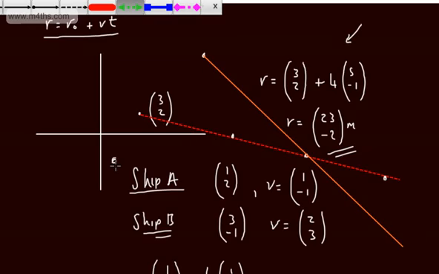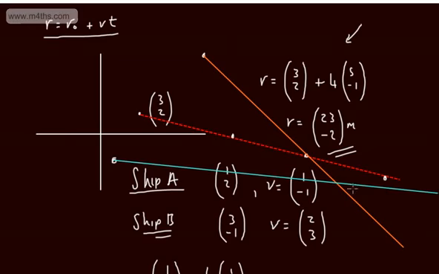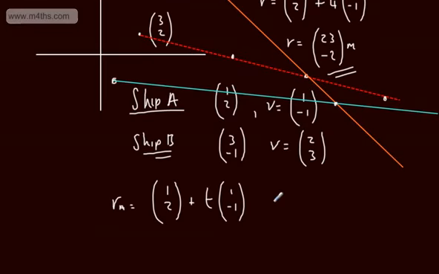Remember, these ships are going to be moving, so it might be a case of where they were to intersect, they've actually moved past that. But later on we will look and see if we've got any values of t that will give us the same position. So just saying this one now, this is now the position of B, we'll just write this 3 minus 1 plus now t multiplied by 2, 3.